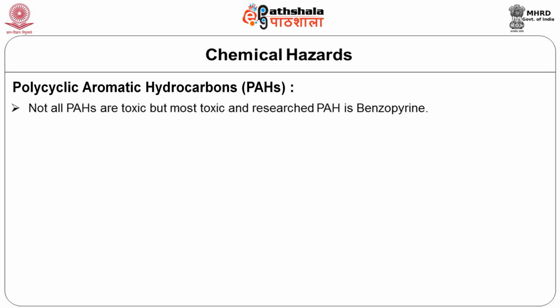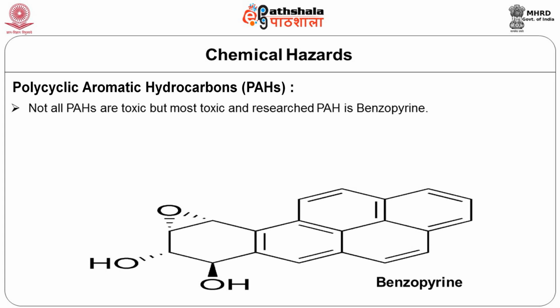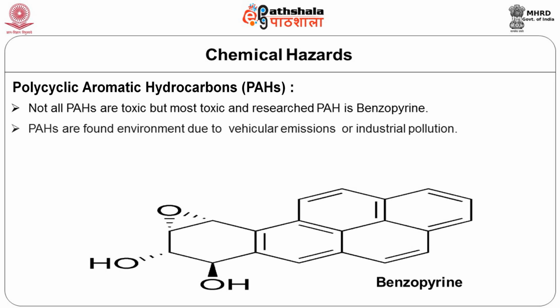Polycyclic aromatic hydrocarbons is another set of environmental contaminants, and these chemicals are formed due to burning of organic matter. Not all polycyclic aromatic hydrocarbons are toxic, but the most toxic and most researched one is benzopyrene. PAHs are found in the environment due to vehicular emissions or industrial pollution.